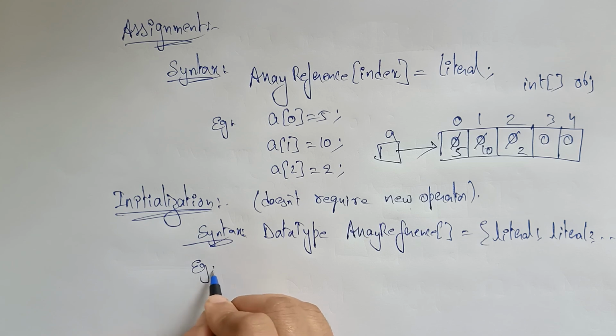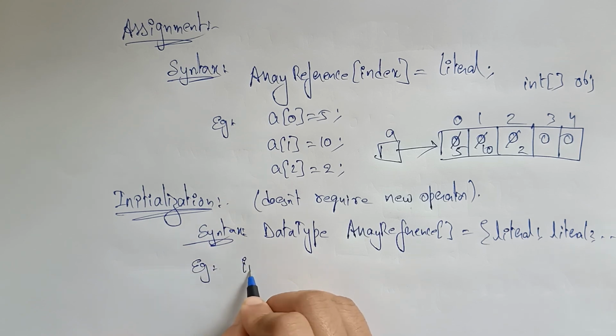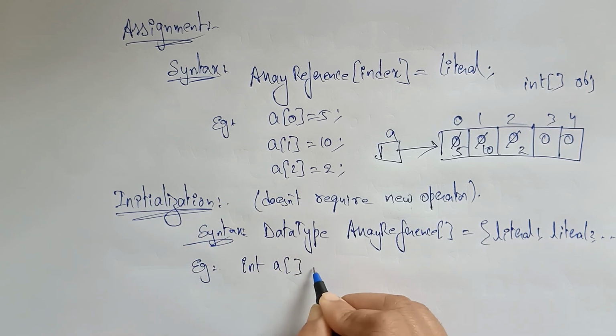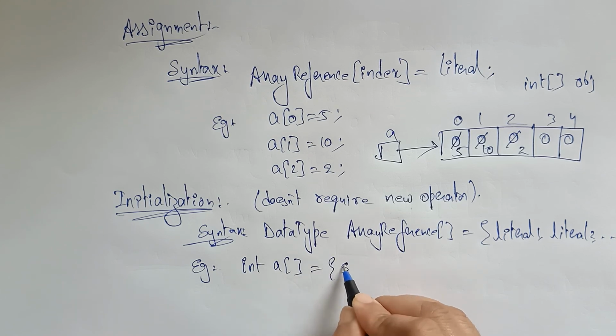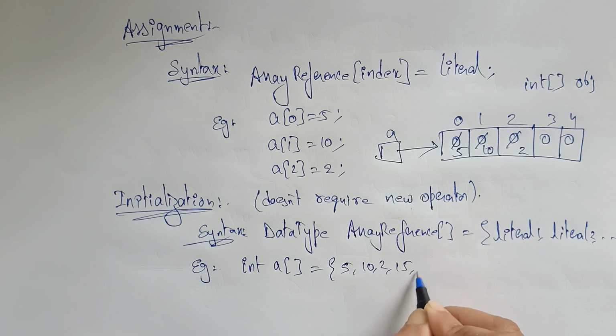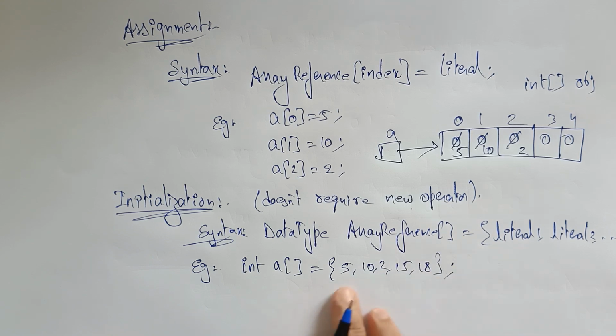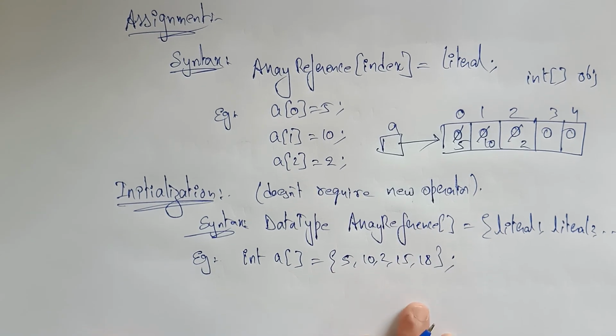Examples for this: integer data type of array reference, array reference equal to 5, 10, 2, 15, 18, and so on. These are the literals: literal 1, 2, 3, 4.